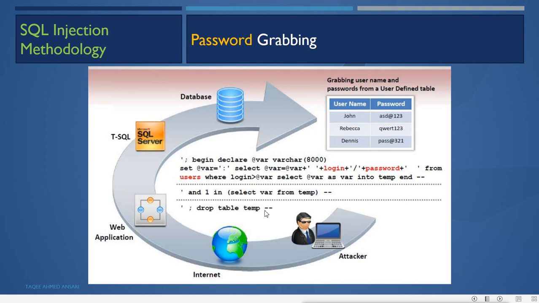In the other it will say and 1 in select var from comment, and then drop table temp. So in the first command it will try to grab the password of the user, then it will try to select the table, and then here it will try to delete the table from there.